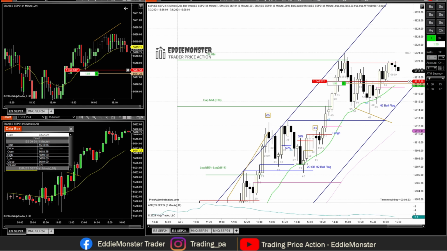Bar 70, we'll see what's going to happen with the 70 bar this time. I can perceive that there's lower volume involved.